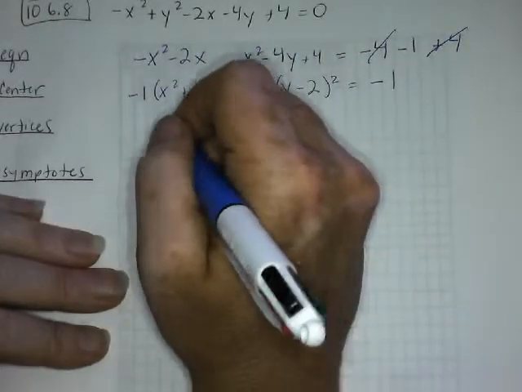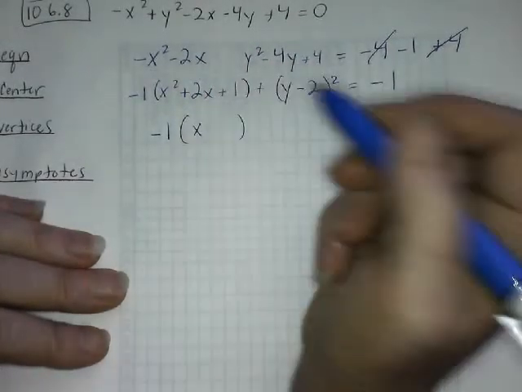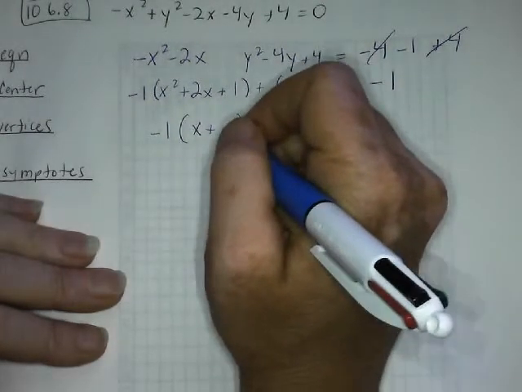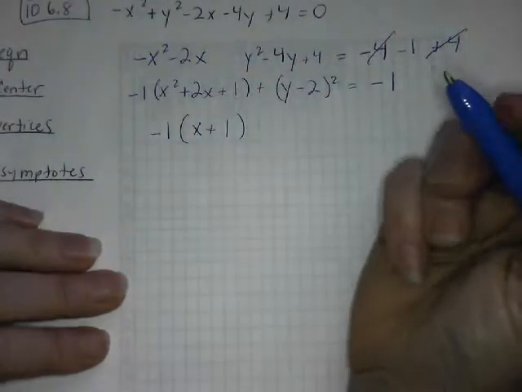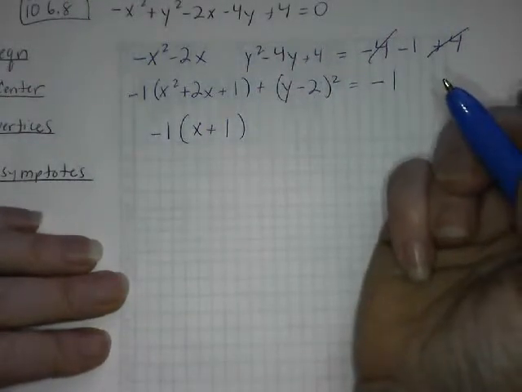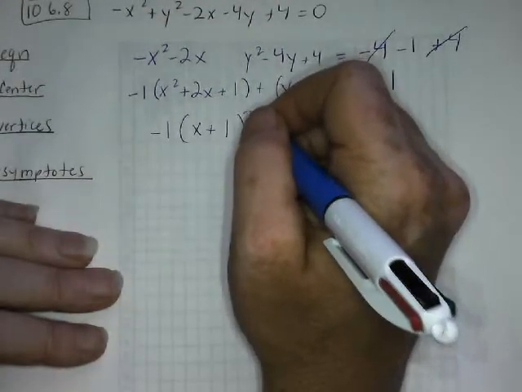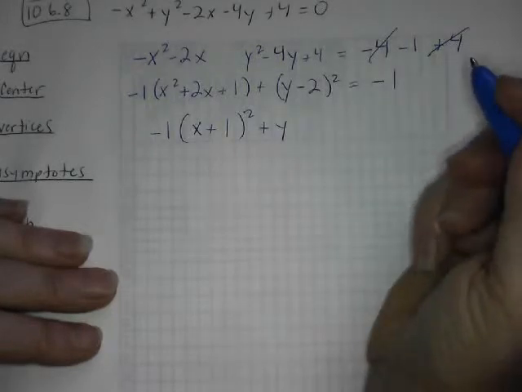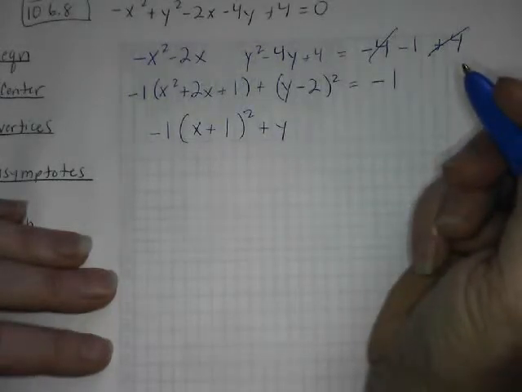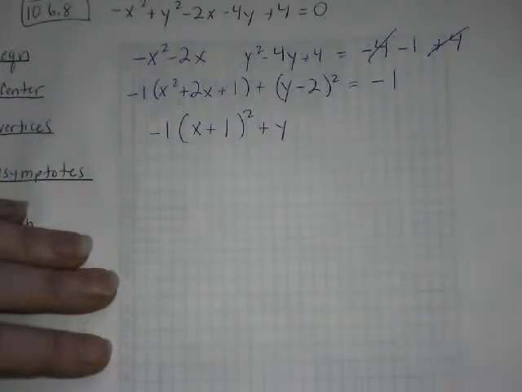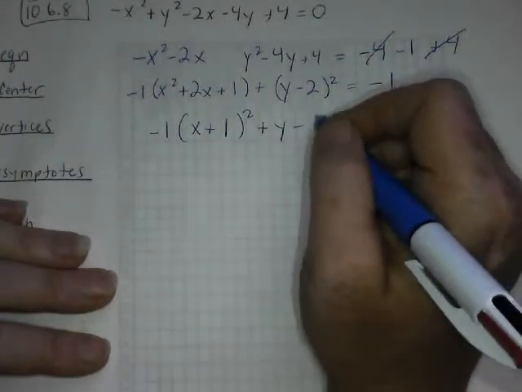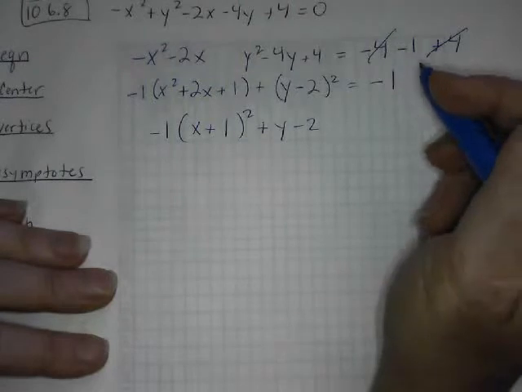Let's get -1, and then this will be x plus 1 squared, and y minus 2.